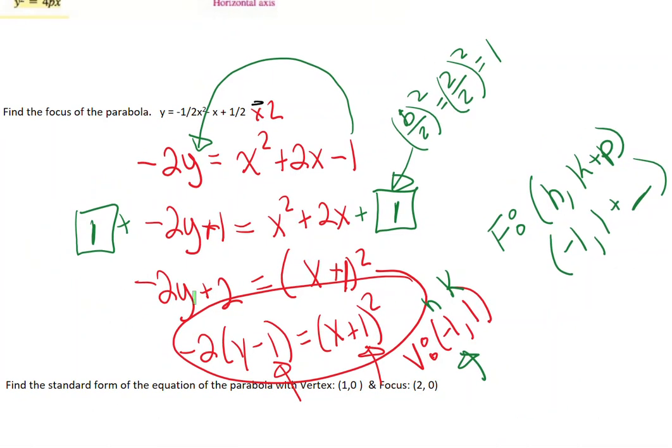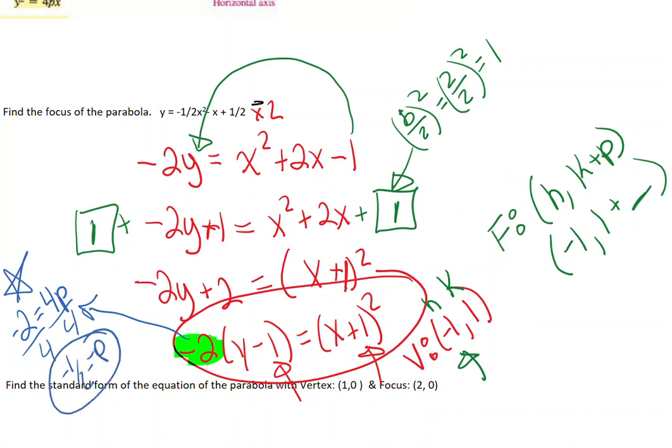Where does p come from? It comes from this right here. So we're going to take that coefficient, -2, and set it equal to 4p. That number equals 4p, divide by 4, p equals -1/2. So I'll go back over here, add the -1/2, and that focus then is -1 comma 1/2, and that's where that focus is.